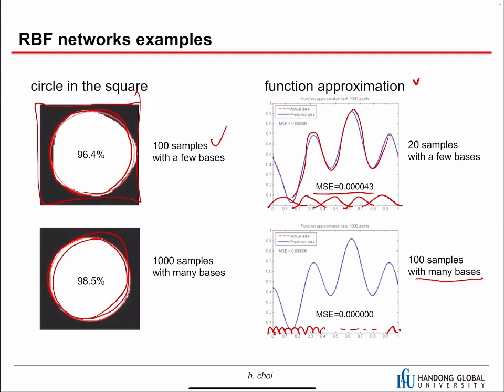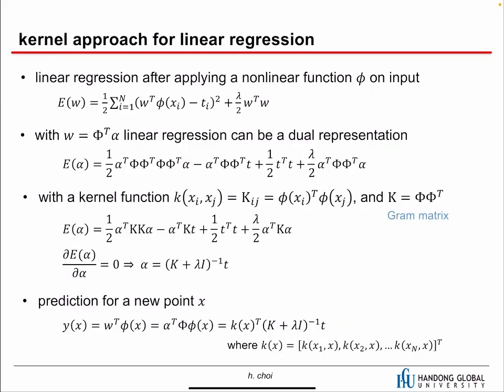And the next one is the kernel approach for linear regression. This one is a straightforward application of the kernel trick to linear regression when we use a nonlinear function phi. So please refresh your memory about kernel PCA, because it's quite similar. We're going to do a linear regression after applying a nonlinear function phi on input x.